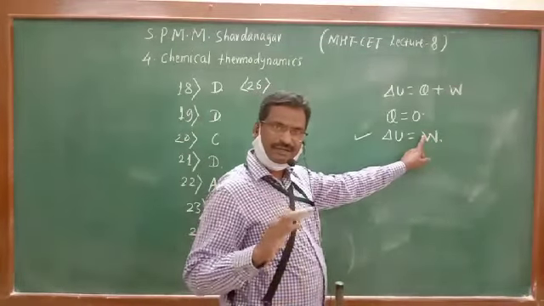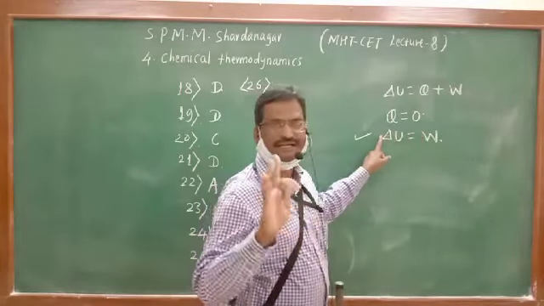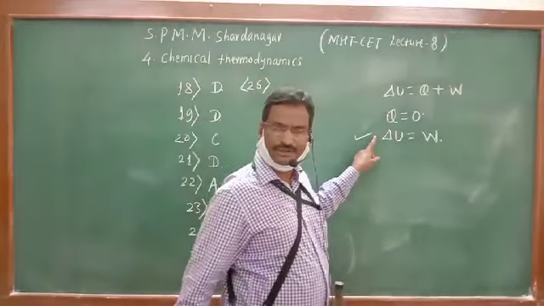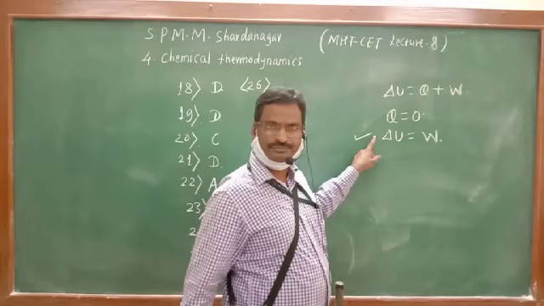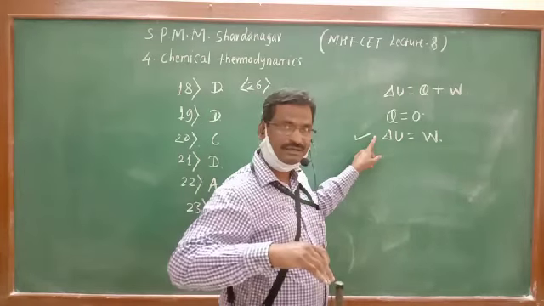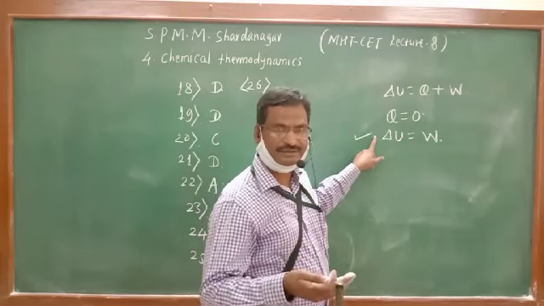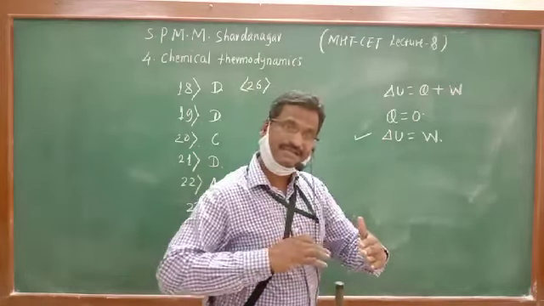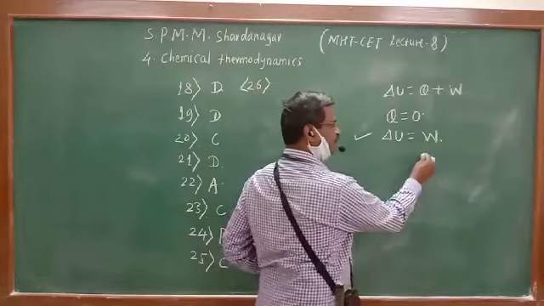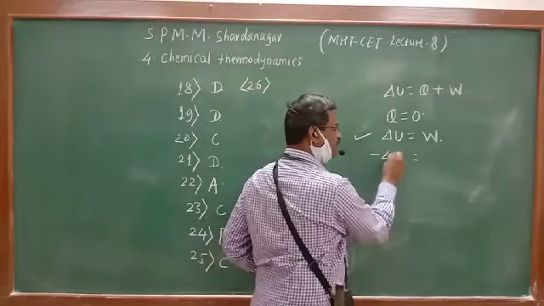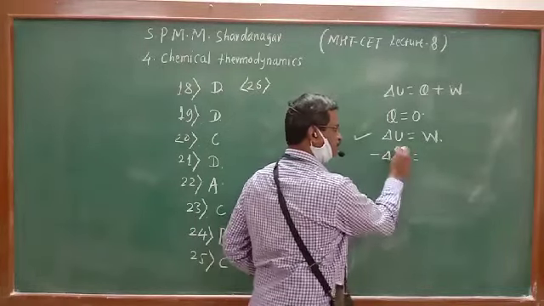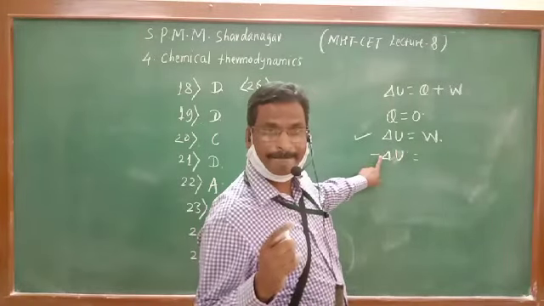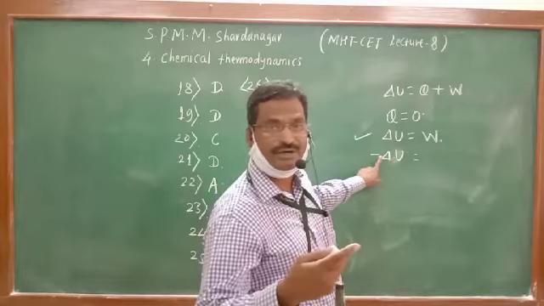Work of compression, increase in internal energy: plus W plus delta U. That is work done by surrounding to system. Here work is done by system to surrounding.